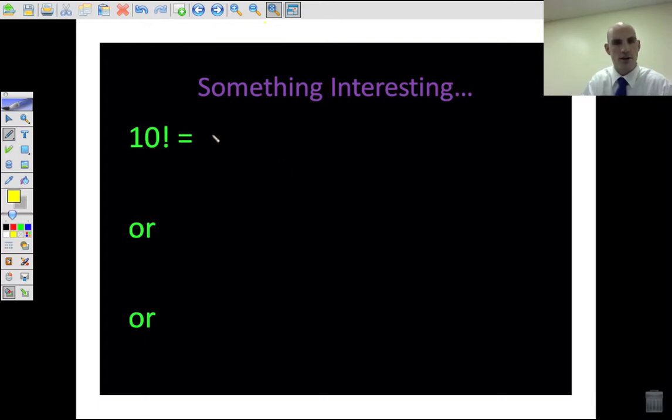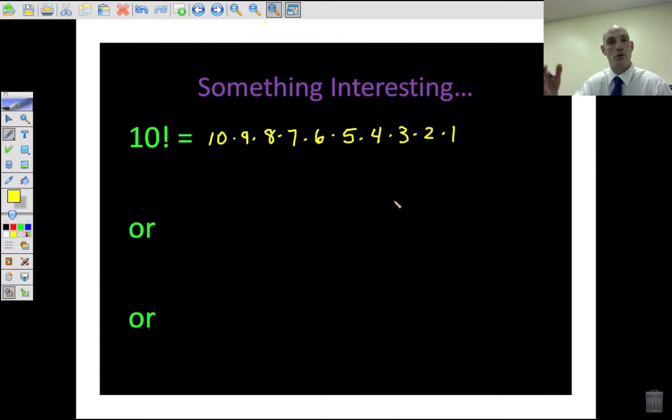Here's an example of something interesting. 10 factorial, as you can imagine, is 10 times 9 times 8 times 7 times 6 times 5 times 4 times 3 times 2 times 1, counting backwards all the way down to 1. Or, the way this is formulated, couldn't we just write this as 10 times 9 factorial?